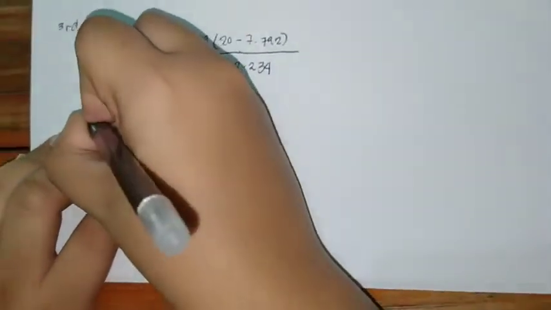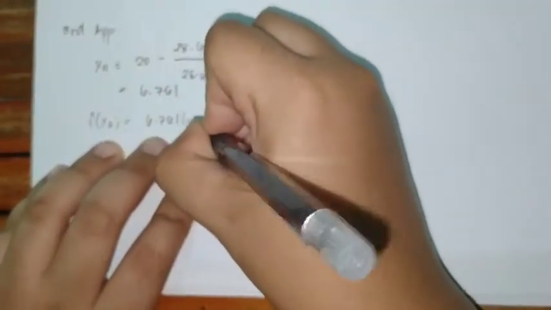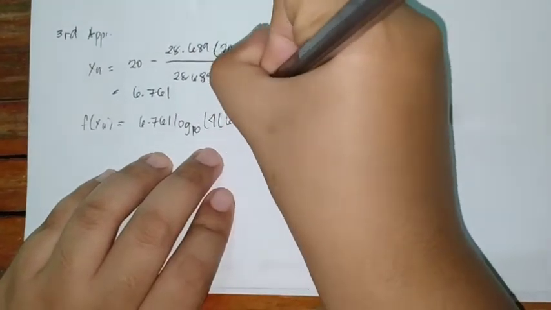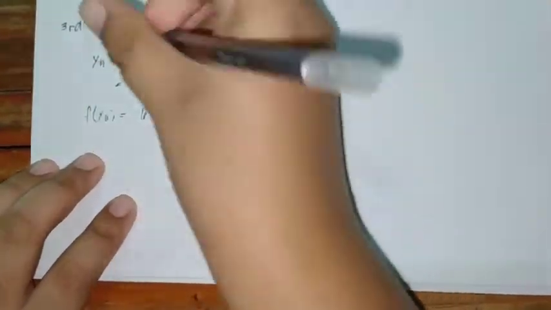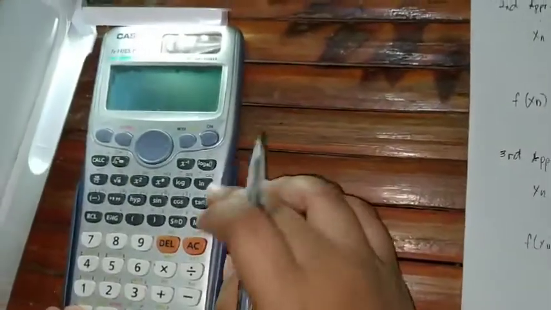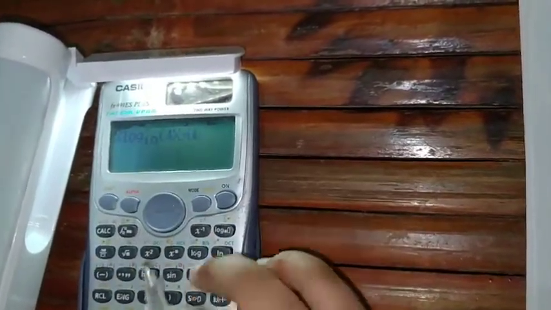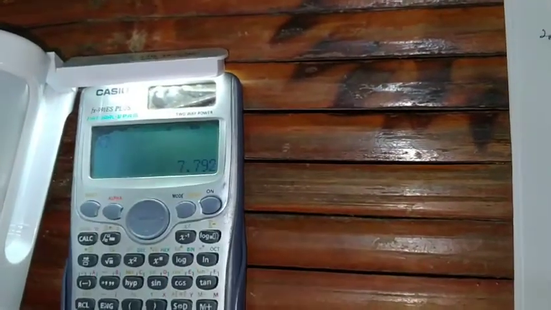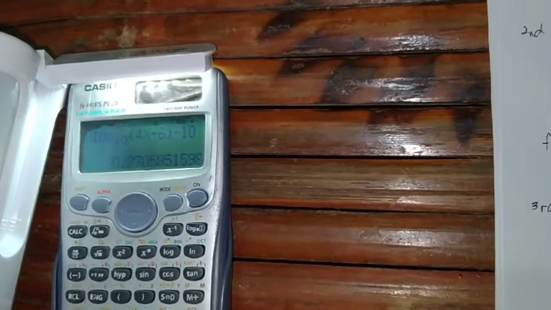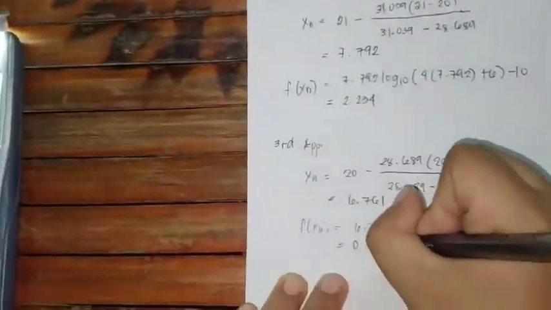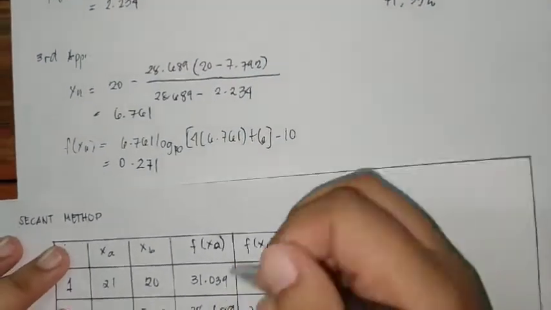So we have f(x_n) = 6.761 log10(4 times 6.761 + 6) - 10. So we have 0.271.